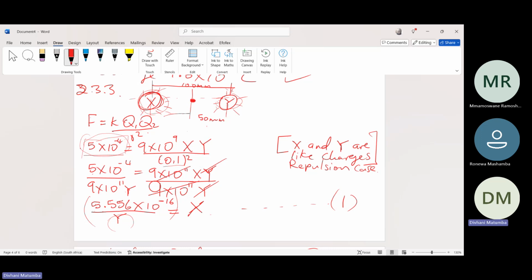The only thing that you need to change is this value. Because initially I said it's a positive 5 times 10 to the power of minus 4. Go and change it and make it a minus and see what you're gonna get.